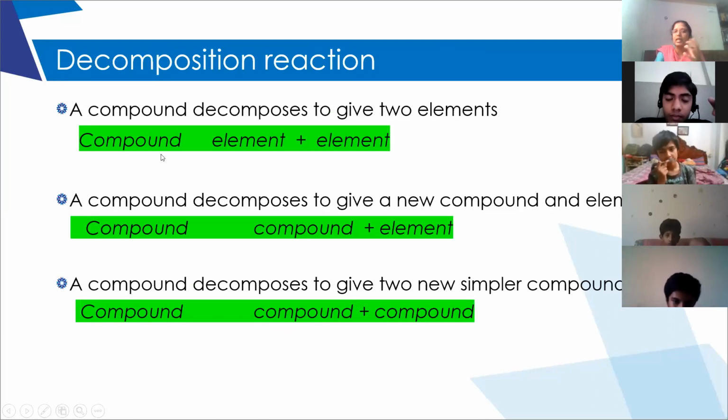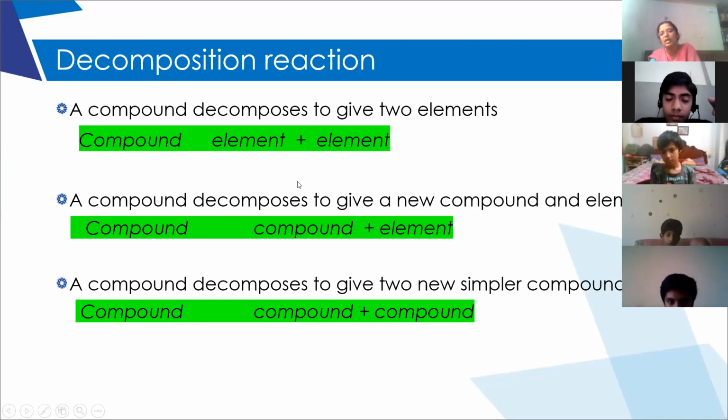A compound can dissociate into two simpler elements, a compound can dissociate into a compound and an element, or a complex compound can dissociate into two types of compounds. Now, we can say which type of elements or compounds will undergo which among these three.